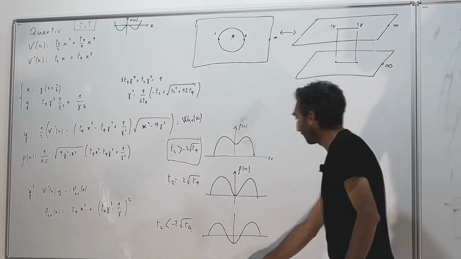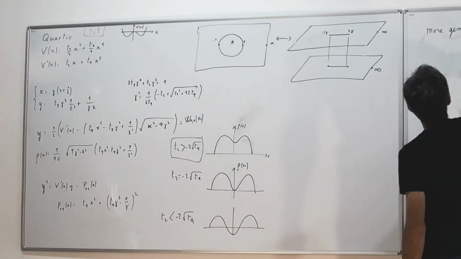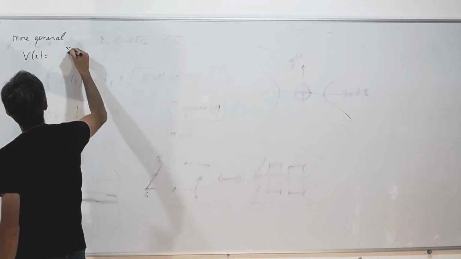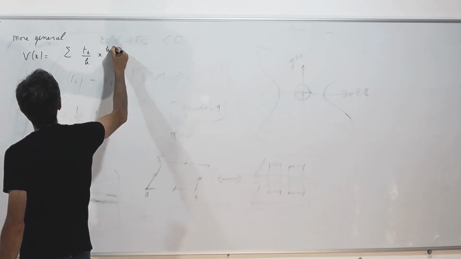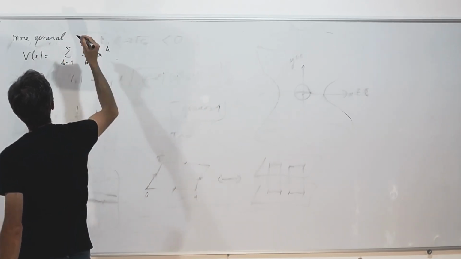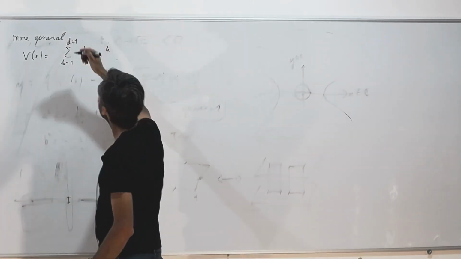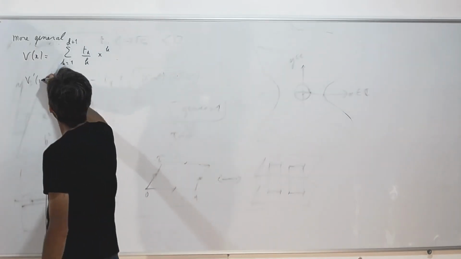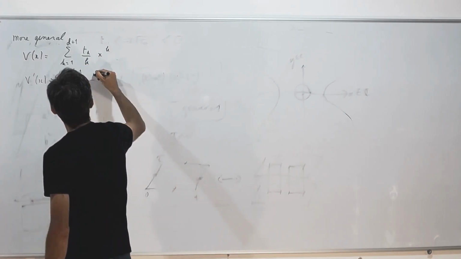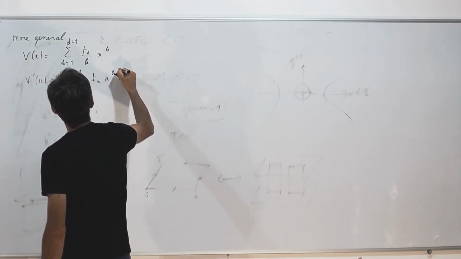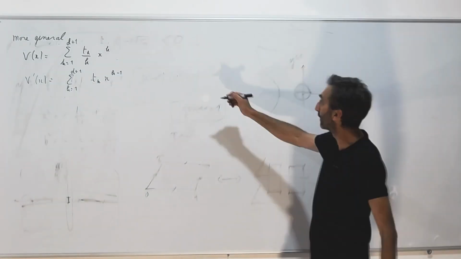So, the more general case: consider the case where V of x is the sum of t_k over k, x to the k, starting from 1 to a maximal value, which I call d plus 1. So V prime of x will be the sum from k equals 1 to d plus 1 of t_k x to the k minus 1. It's of degree d. D is the degree of V prime.